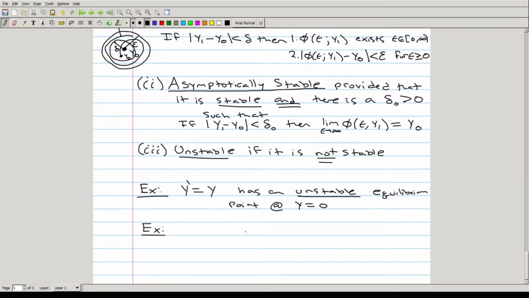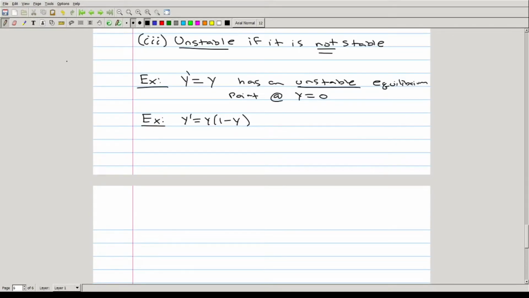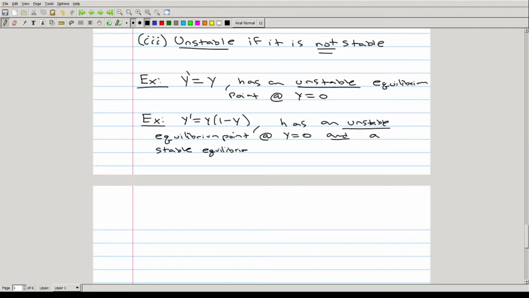and the Verhulst non-dimensionalized differential equation has an unstable equilibrium point at y equals 0 and a stable equilibrium point at y equals 1.